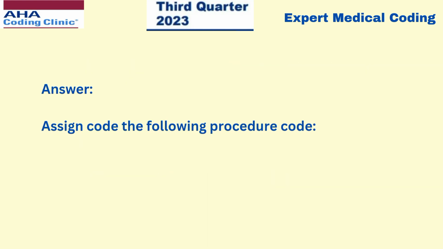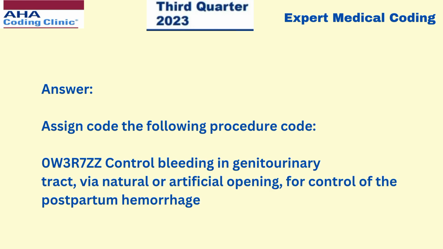The answer to this question is, we have to take the root operation control because the objective was to control the bleeding, not drainage. So assign the code 0W3R7ZZ, control of bleeding in genitourinary tract, via natural or artificial opening, for control of the postpartum hemorrhage.